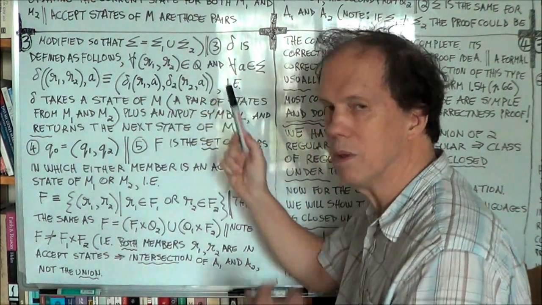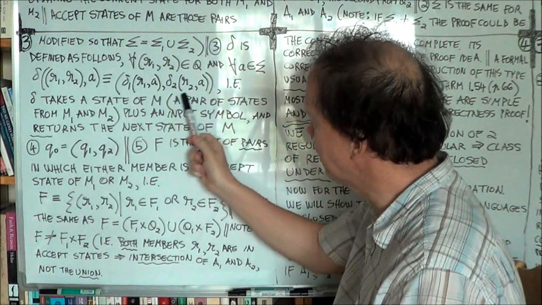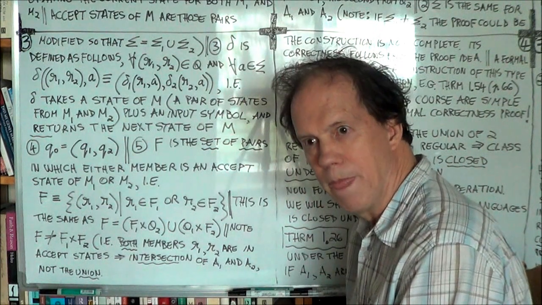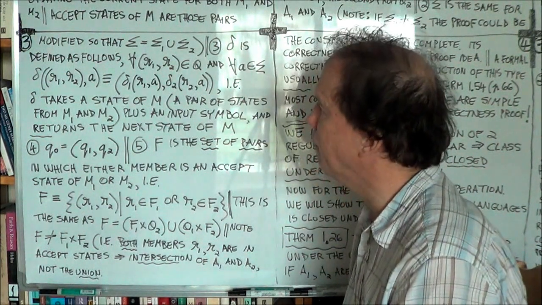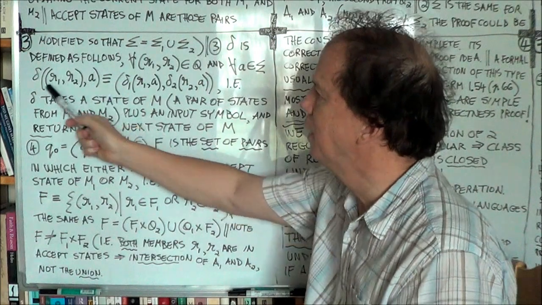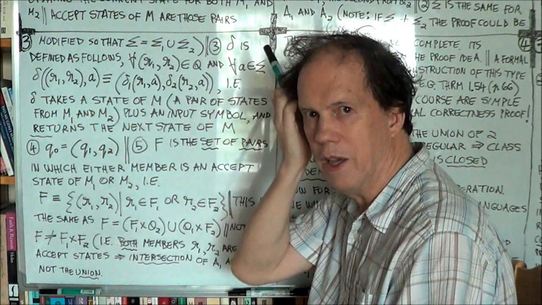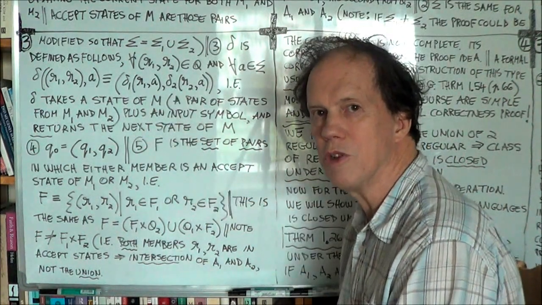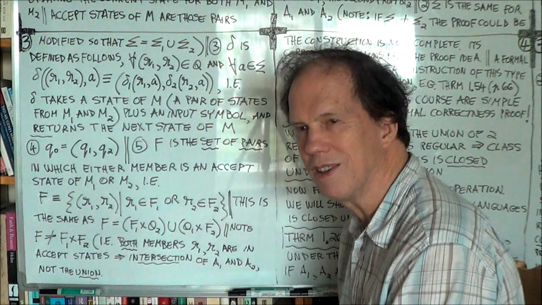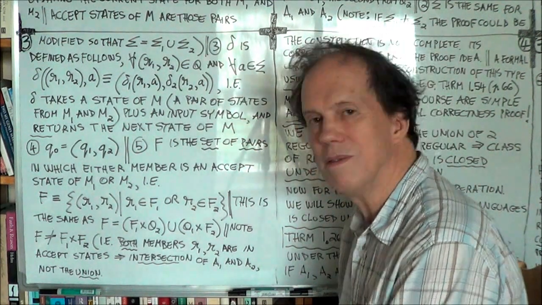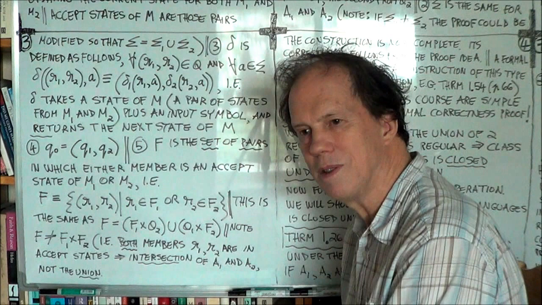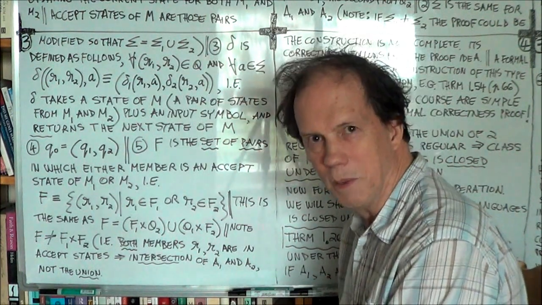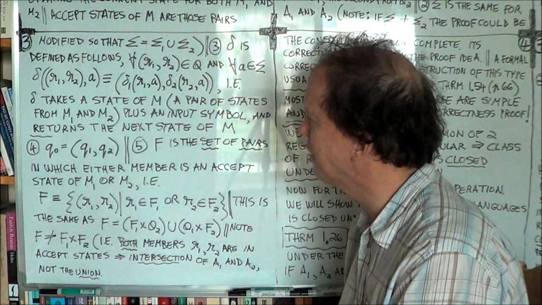Get that value and make it the second member of your ordered pair for machine M. So that's how you define your transition function for M in terms of the transition functions of your two machines, M1 and M2. Rather cunning, don't you think? It's a nice way to handle it. The person who dreamt that up, I think, had a brain or two. It's a rather nice proof.